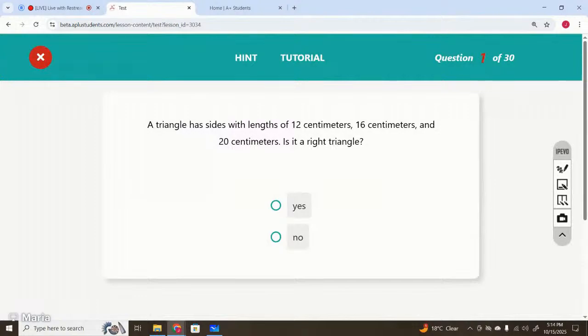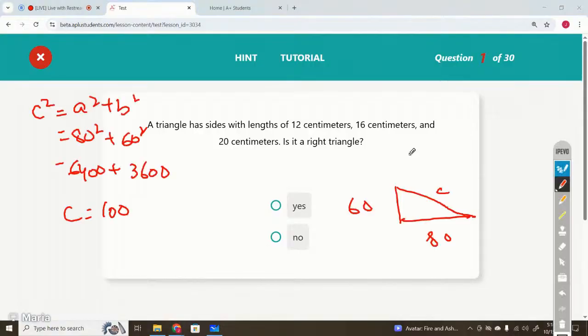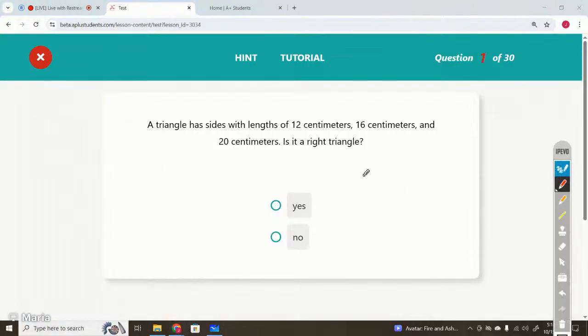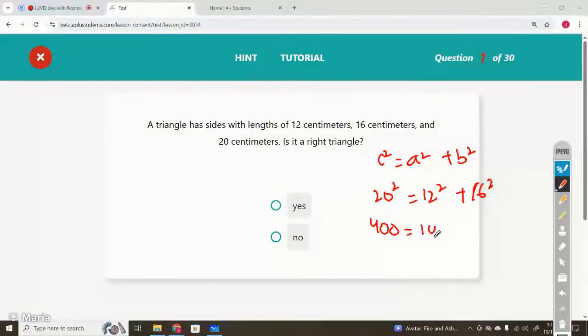A triangle has sides with lengths of 12 centimeter, 16 centimeter, and 20 centimeter. Is it a right triangle? That is c square equals a square plus b square. 20 square equals 12 square plus 16 square. 400 equals 144 plus 256.